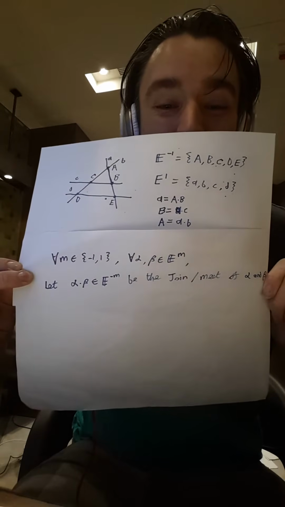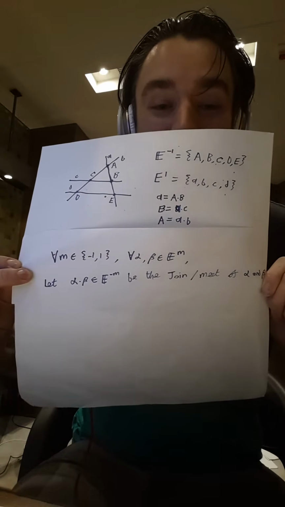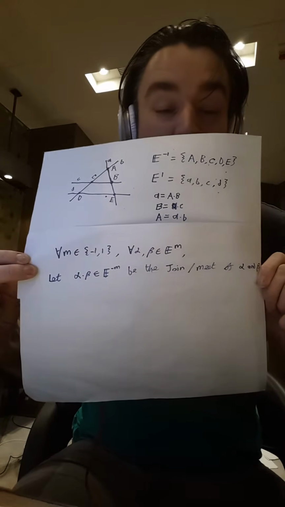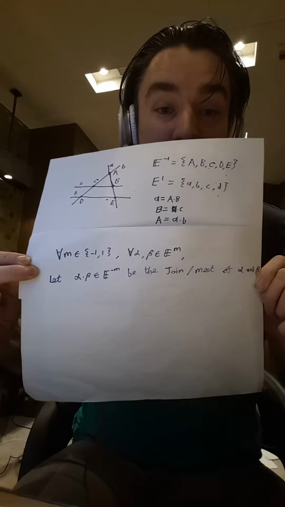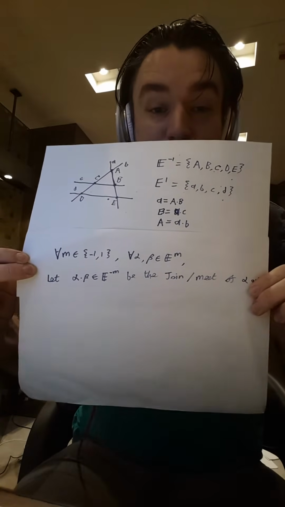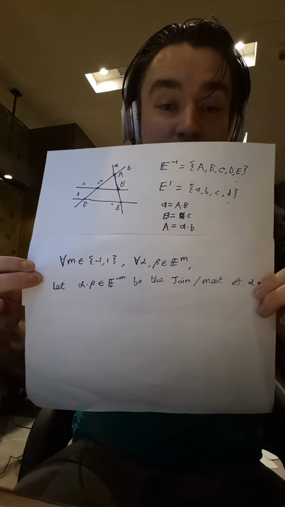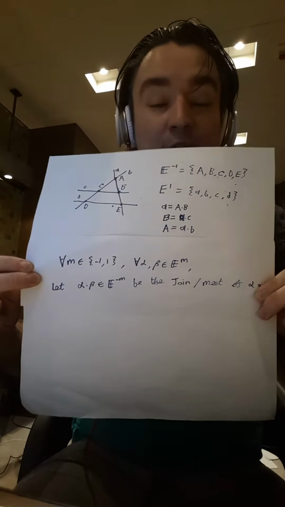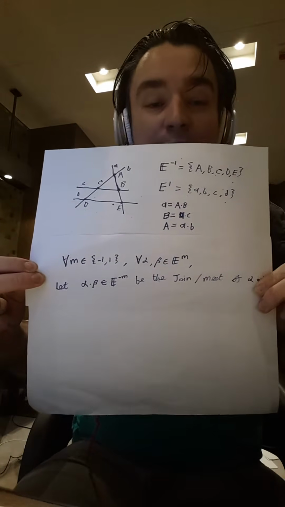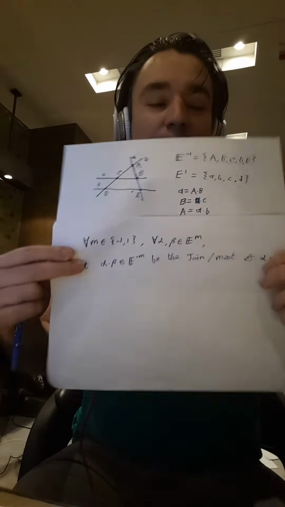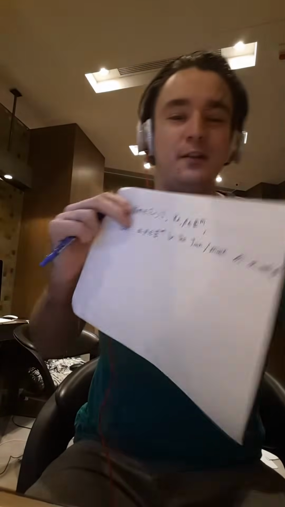You see this point little a is written as capital A dot capital B. Okay, so what does capital A dot capital B mean? It means the meet or join of capital A and capital B. Essentially, it means little a is the line connecting big A and big B. So here's the point, right? Let's get to the actual definition.